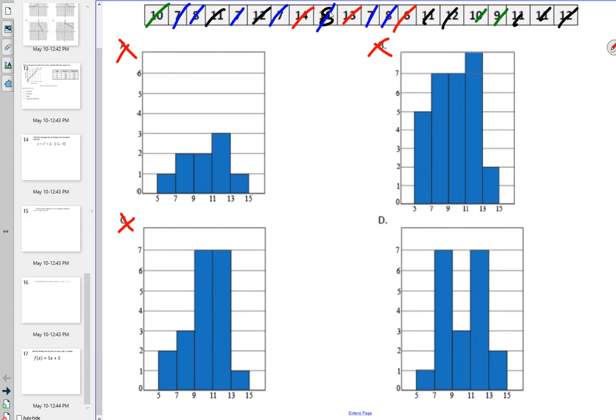So that was a typo. This one here should have said 8. There. And then that makes the answer D. Worst case, you can always do it.